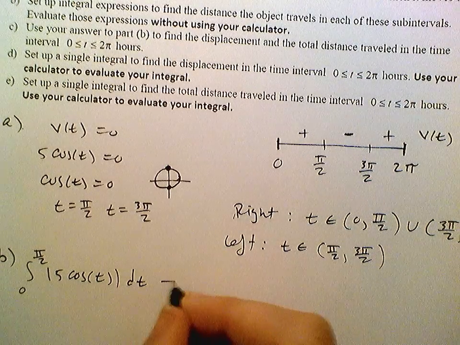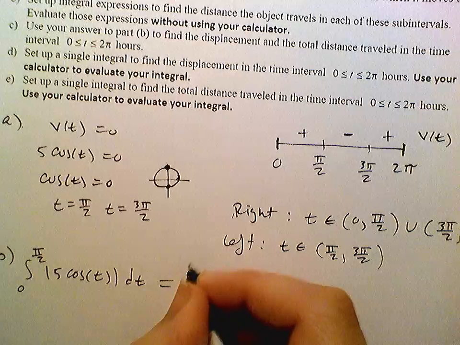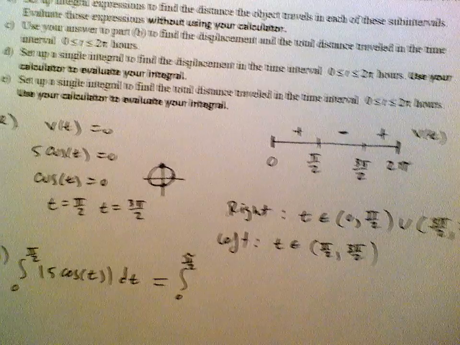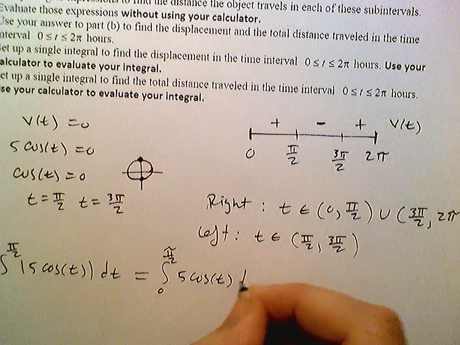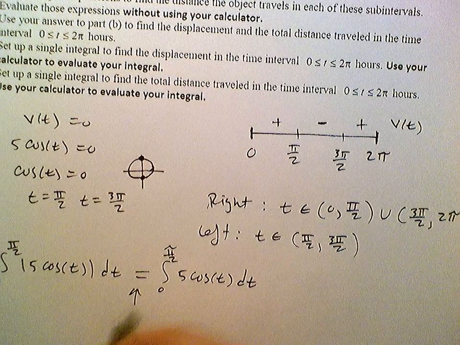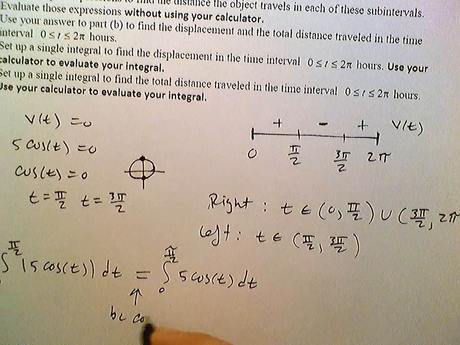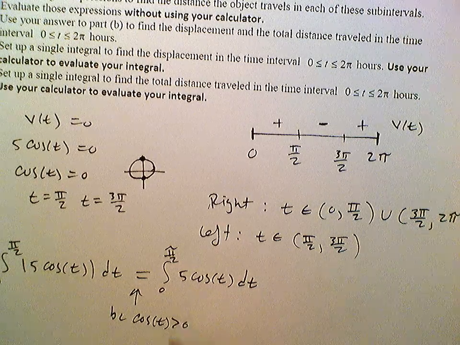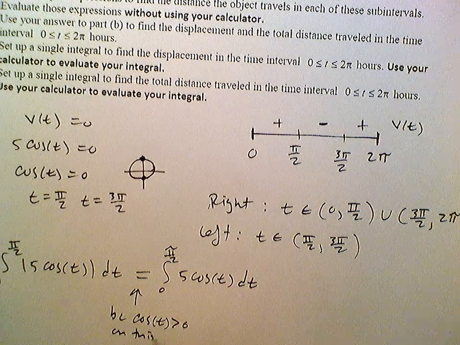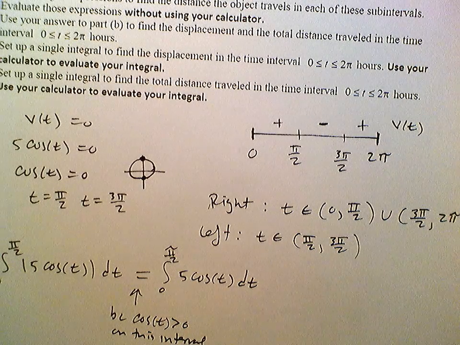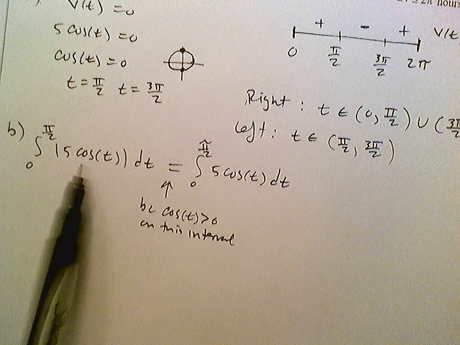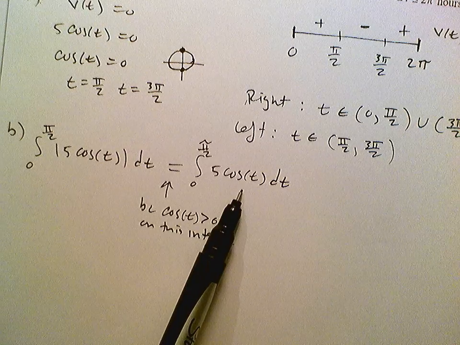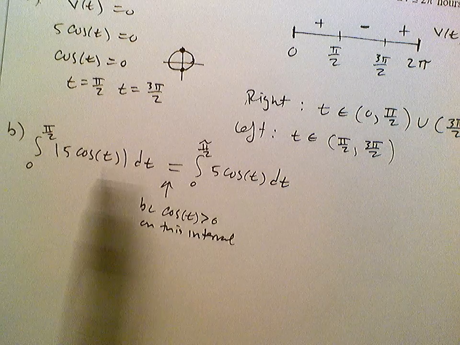I'll do this one first. Now, guys, this is equal to the integral from 0 to pi over 2 of just 5 cosine of t, because cosine of t is greater than 0 on this interval. So this function is completely positive on this interval, and the absolute value of it would be the same as its regular value because they're both positive.